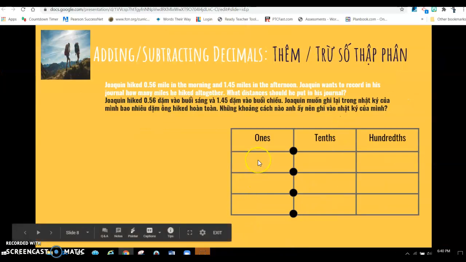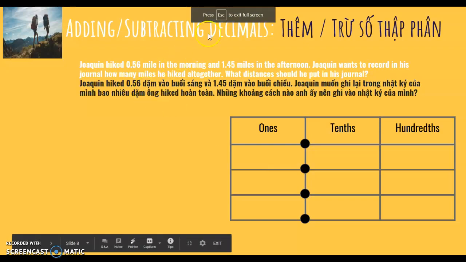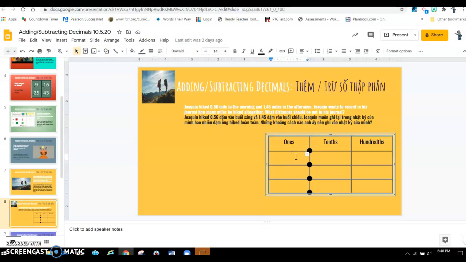All right, let's go back and put in our response. This is another way that we could have solved our problem. If you notice, the decimals are in alignment with all of them.